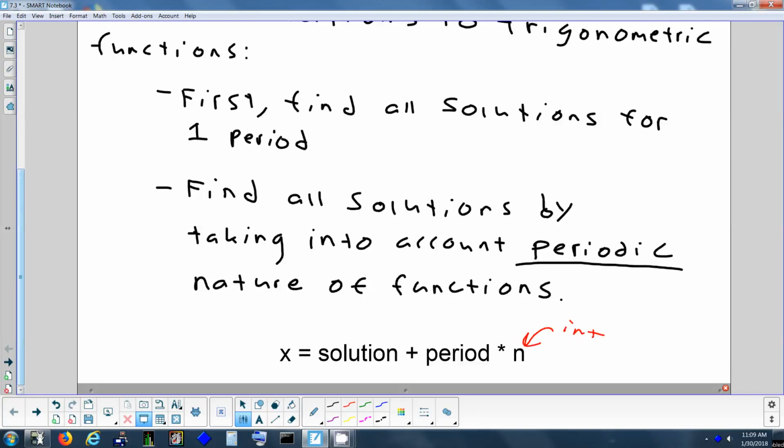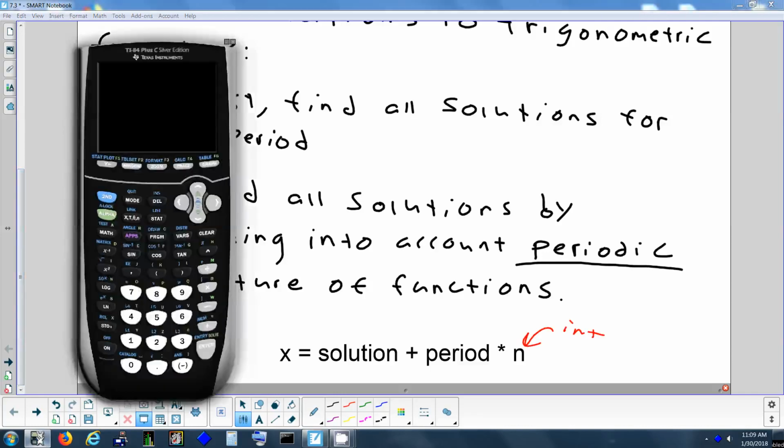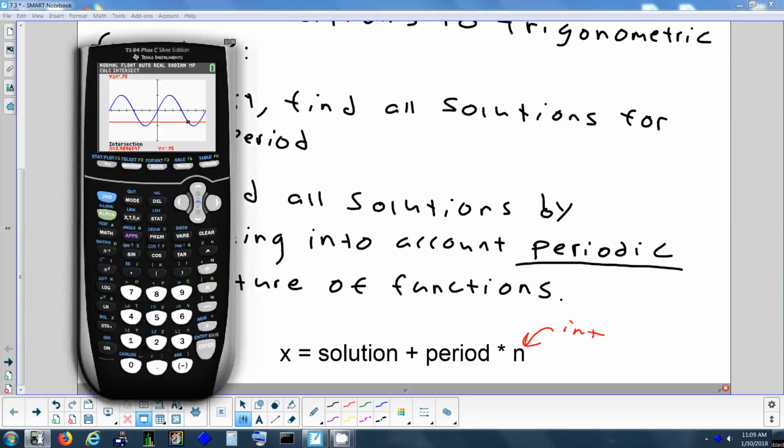What's going to be a little different today is we're going to look at trig functions we haven't really looked at before. We've looked at sine, we've looked at cosine, but something we haven't really done is looked at something like, instead of sine, sine of x squared.